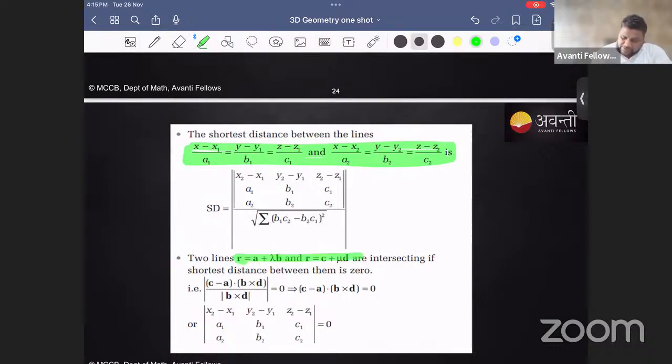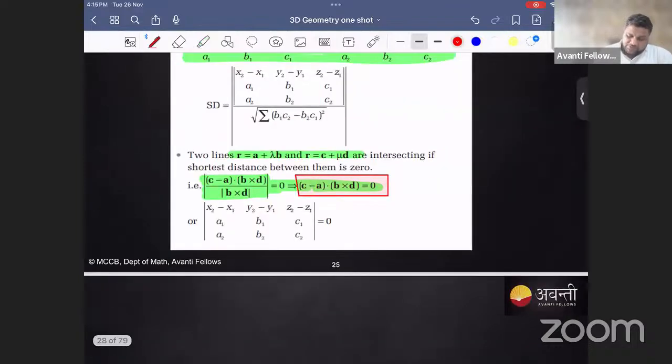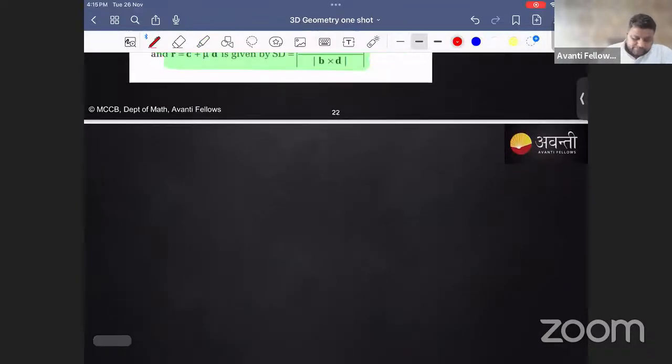For lines r equals a plus lambda b and r equals c plus mu d, the distance is (c minus a) dot (b cross d) upon magnitude of b cross d. And if the lines are coplanar, then the numerator of the shortest distance will go to 0. So, to show that these two lines are coplanar, we need to show that this (c minus a) dot (b cross d) is 0. Got it?